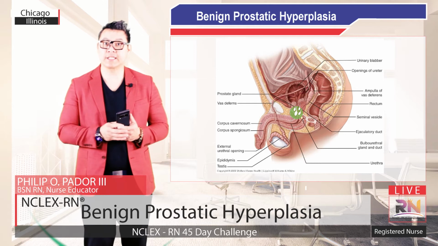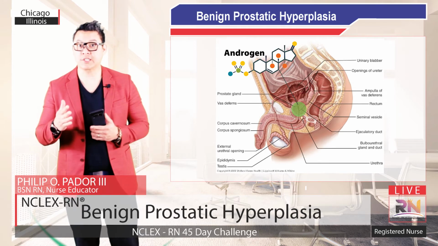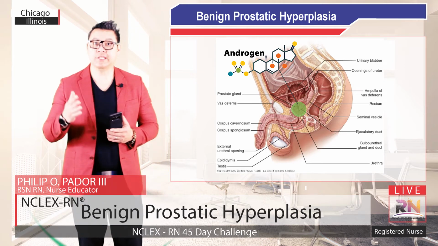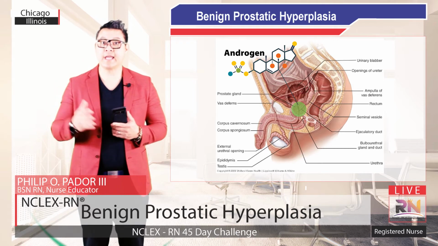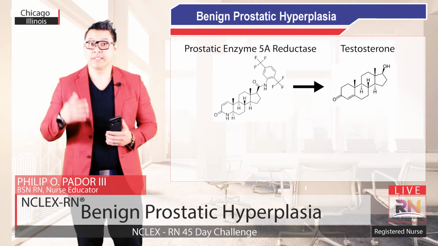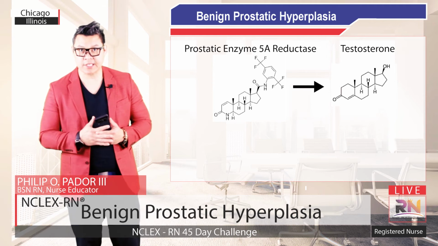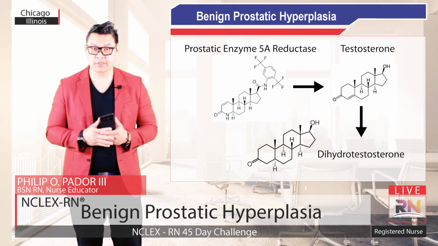The basal cells and the luminal cells of the prostate rely on stimulation from androgens, or male sex hormones, for survival. The androgens include testosterone, which is produced by the testicles, and dihydrotestosterone, which is produced in the prostate itself. This androgen is produced by the prostatic enzyme 5-alpha reductase, which converts testosterone into the more potent dihydrotestosterone.